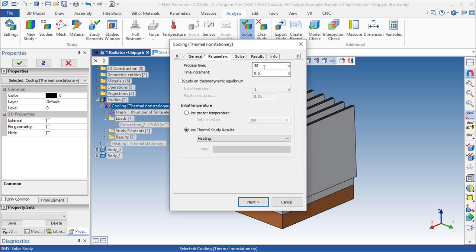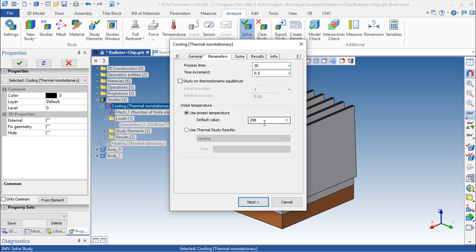So let us say solve, and in this type of study, time is important. So I will process time in terms of minutes, 30 minutes, half a minute, 30 seconds per increment, and I can get these thermal result studies or not.